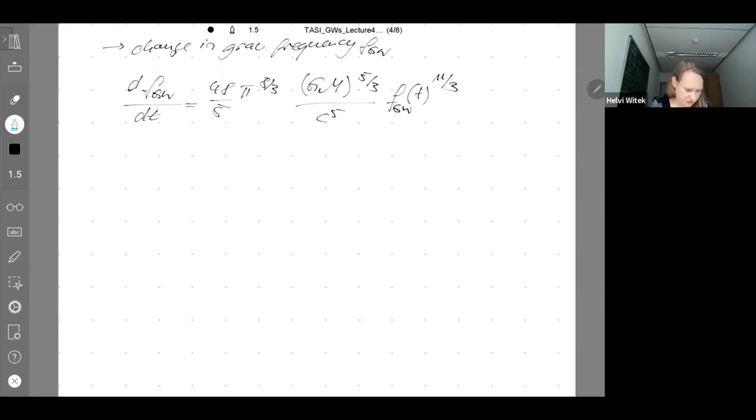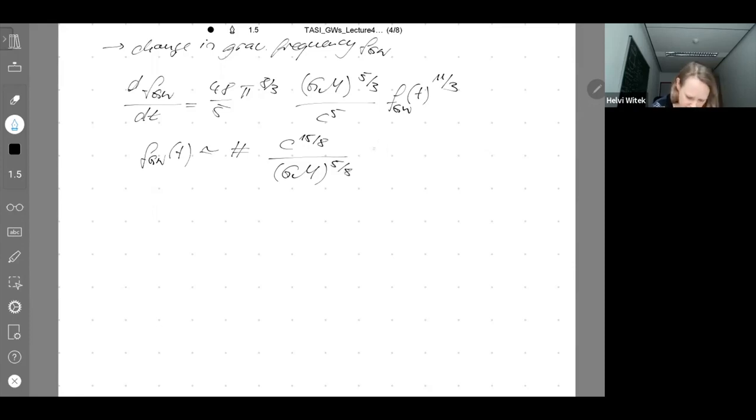Now if we solve this equation, then the evolution of the gravitational wave frequency will take the following form. Again, there will be some coefficients that I'm not going to write out. And then we have the speed of light to the 15/8, Newton's constant times chirp mass to the power of -5/8.